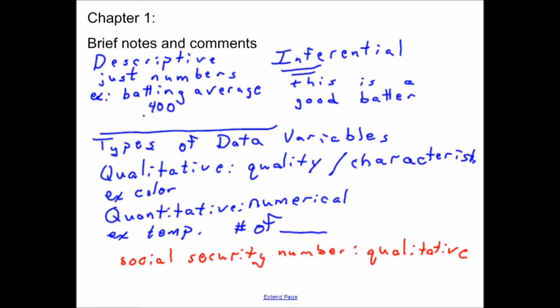It is a characteristic. It names the individual. It does not give them a worth. So that's an example where you have to be careful that just because it does have a number does not make it a quantity.